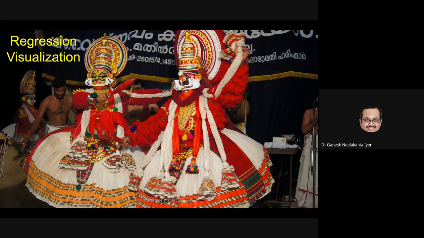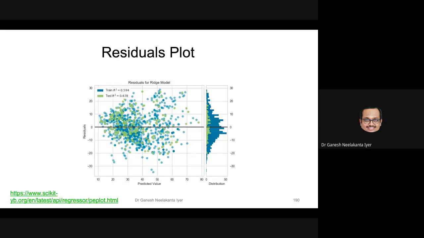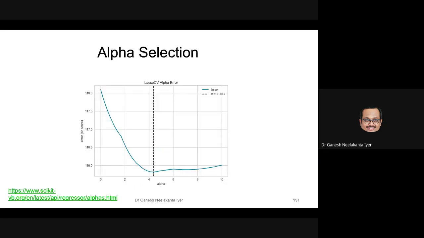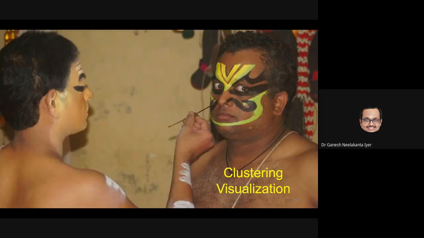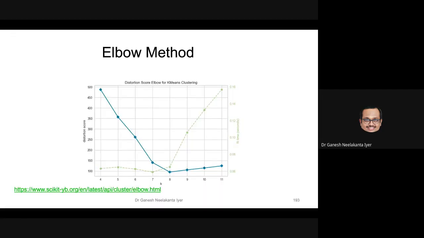And if you take regression visualization, there is the prediction error, the root mean square error, or residual plots, and a few other metrics like alpha selection and things like that. There is also clustering visualization, which we did not discuss. So the elbow method, if you remember how we determine the K value, is an elbow score.